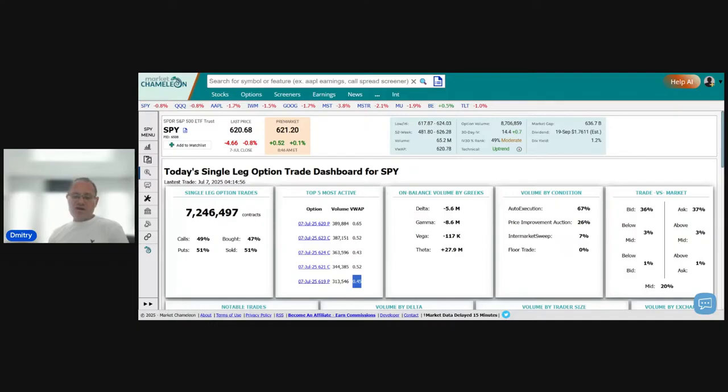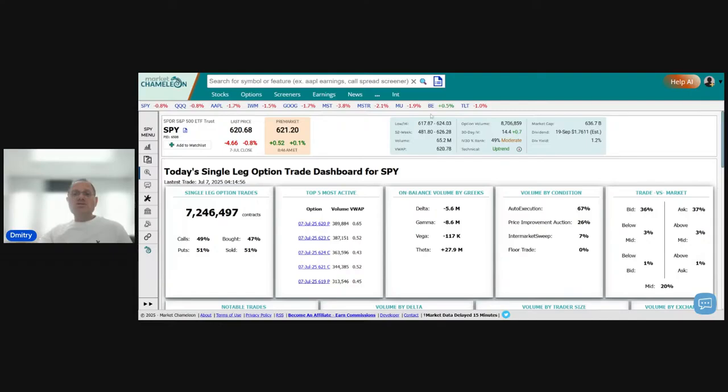The top five were all zero DTE options, a mixture of calls and puts with strikes ranging between 619 and 624, as low as 619 on the put and as high as 624 on the call. If we look at yesterday's trading range in SPY, that corresponds to where the stock traded in that range, right?